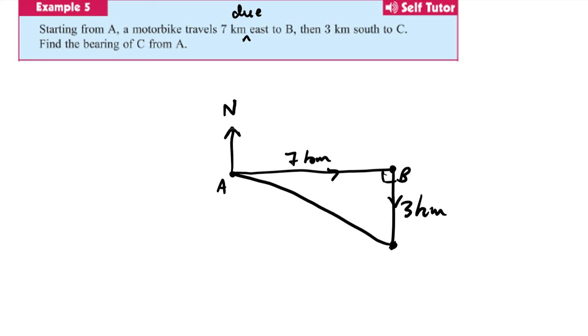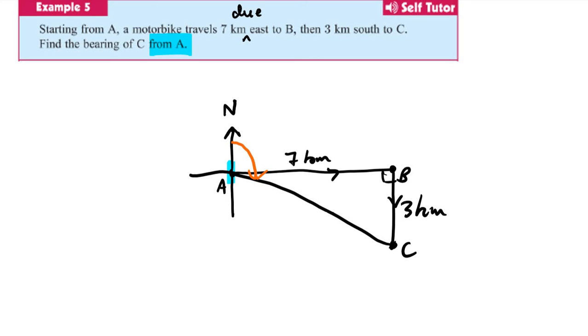Let's draw in a north arrow so we have some reference. And the key thing here is that it says of C from A. That from A tells you where to start. You are starting at A. And we are needing to find this bearing.